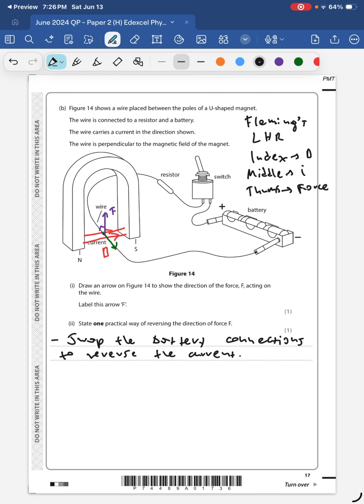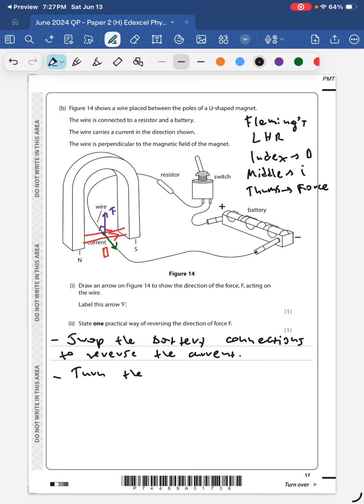You can also turn the magnet around, I guess. So you can rotate the magnet as well. So the south pole comes here and the north there. So that's another way to do it. But okay, they ask for one. So actually, let me write it down just so you have complete notes.